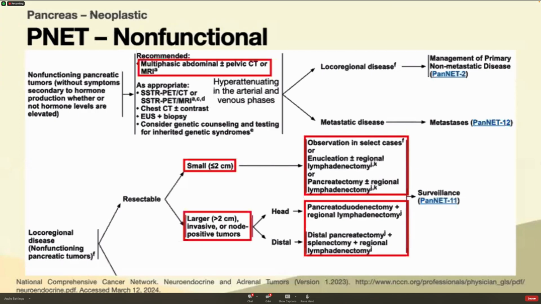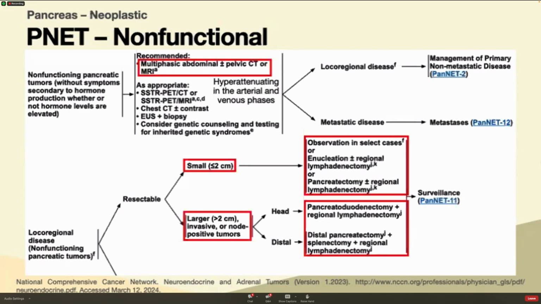For lesions less than or equal to 2 cm, you can do an enucleation with or without regional lymphadenectomy, or formal pancreatectomy with or without regional lymphadenectomy. Observation is also an option.